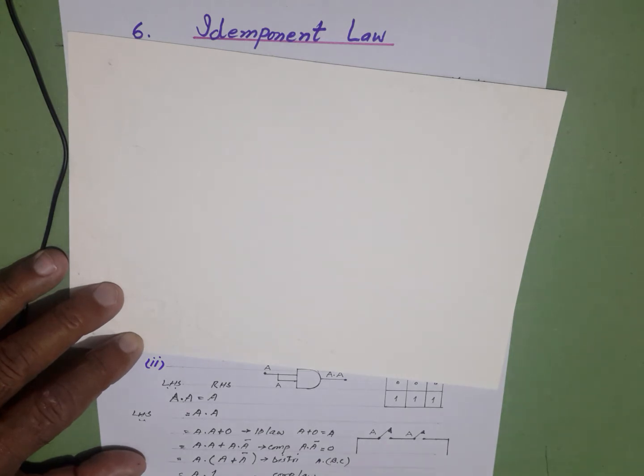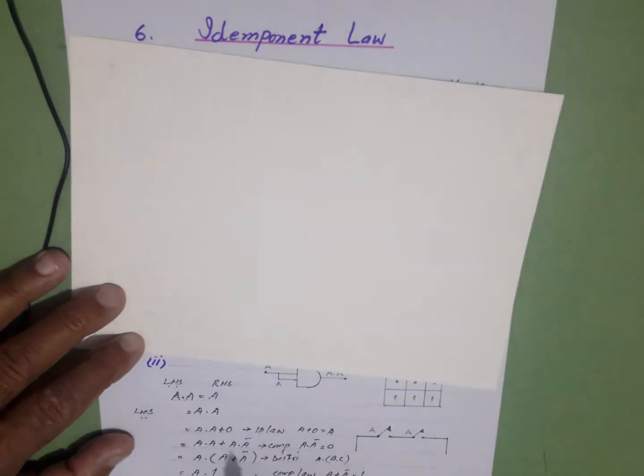Identity law says that A and 1 is always A. The complement law is A plus A bar is equal to 1, and we started with the left hand side A dot A, and we have reached A.